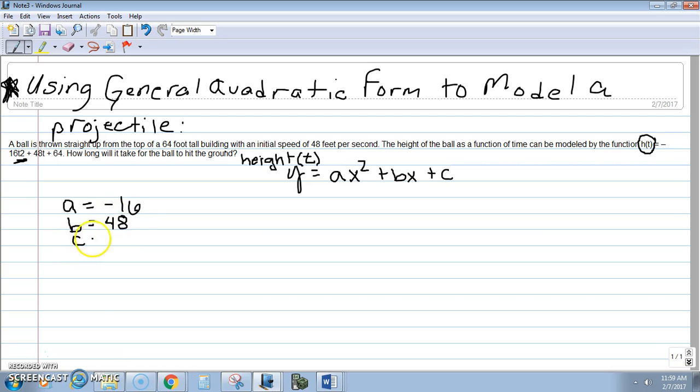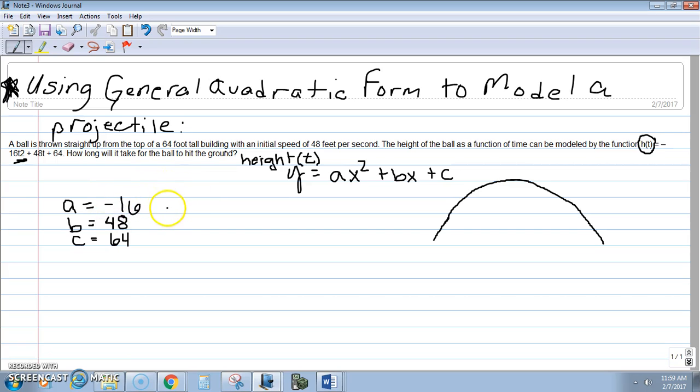And our c is 64. In a projectile, like if you're throwing a ball, if there is a missile, a plane, anything that makes this kind of shape, a parabola shape where it goes up and down at a certain speed, it is going to be set up like this.